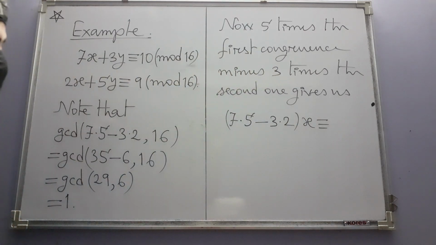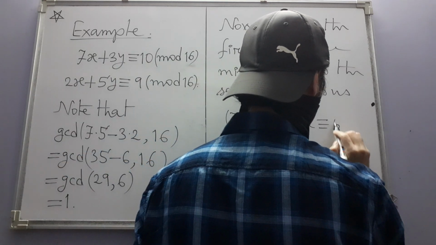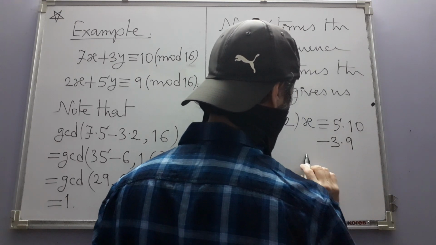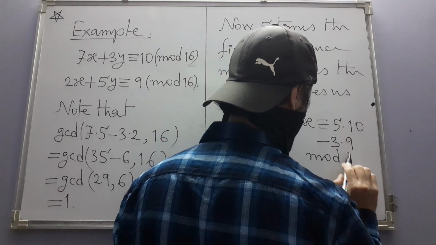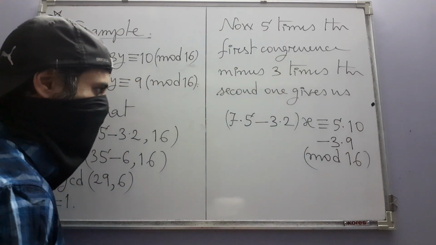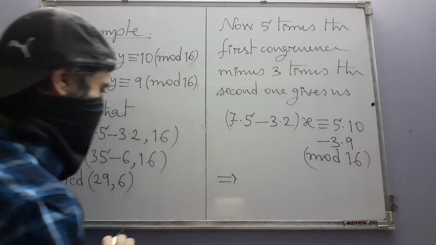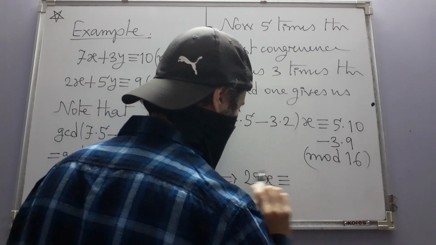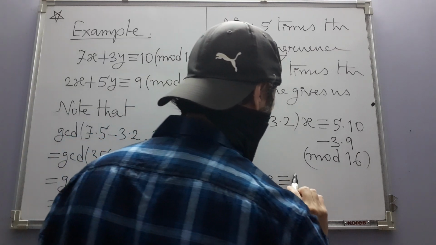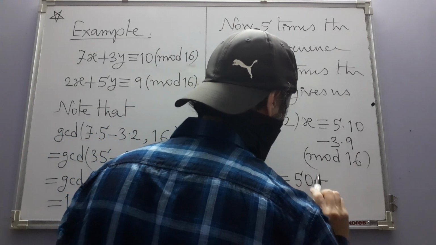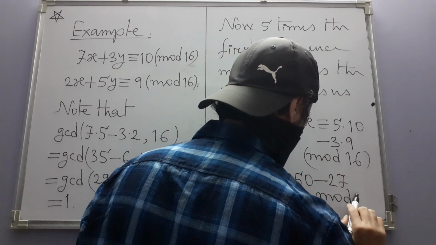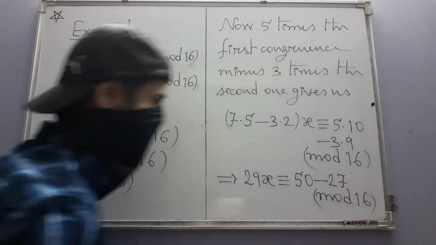But on this side also we will have to do that same thing. So 5 times 10 minus 3 times 9 mod 16. So this will be 29x, and this is 50 minus 27 mod 16.